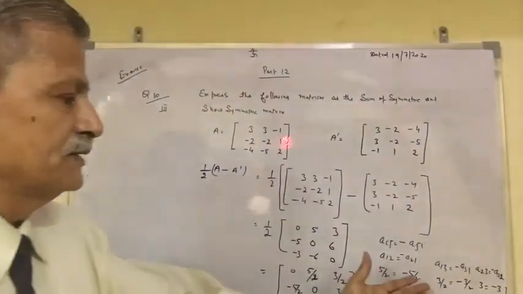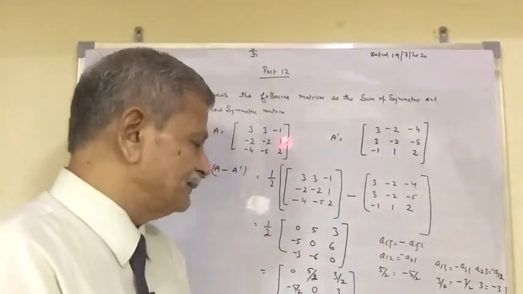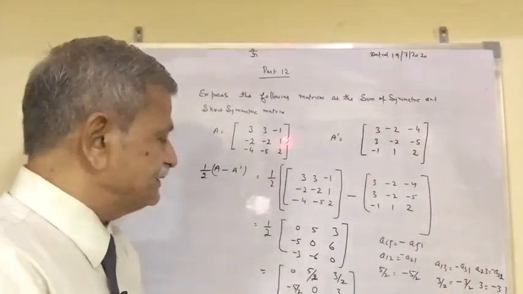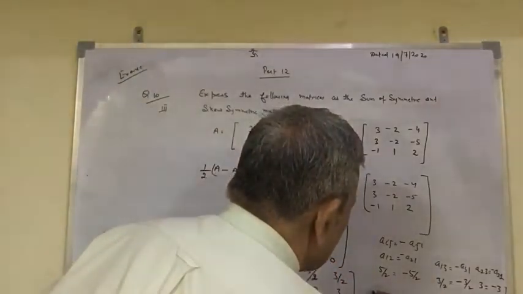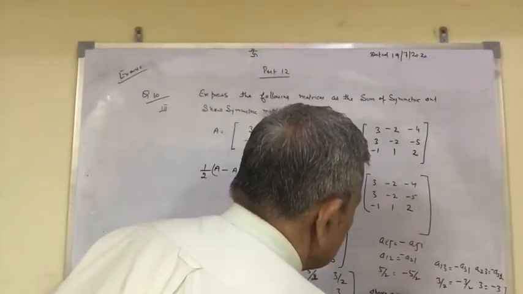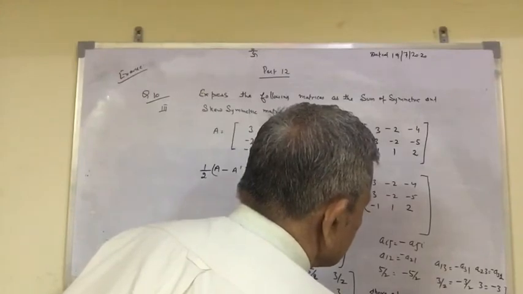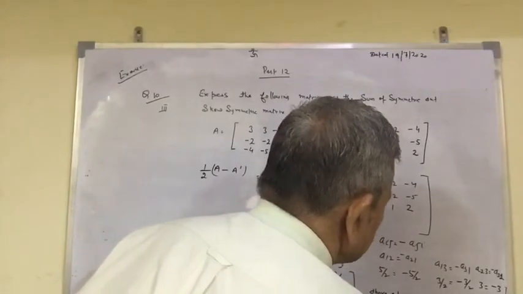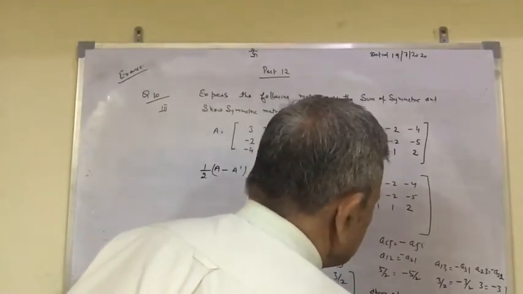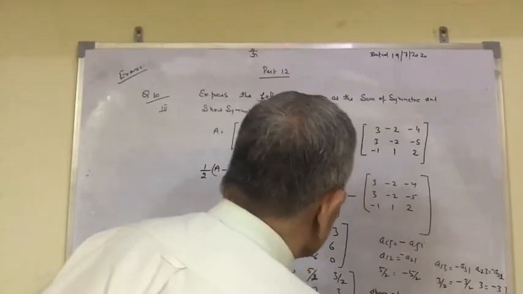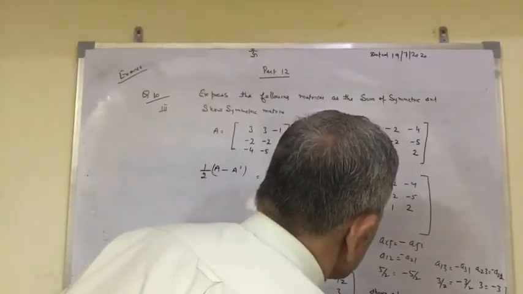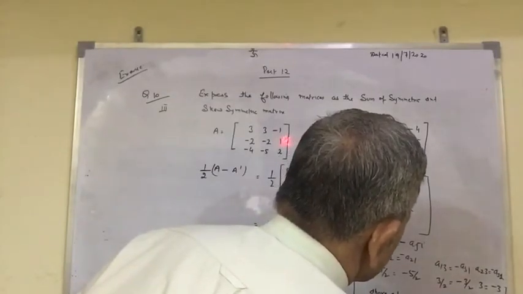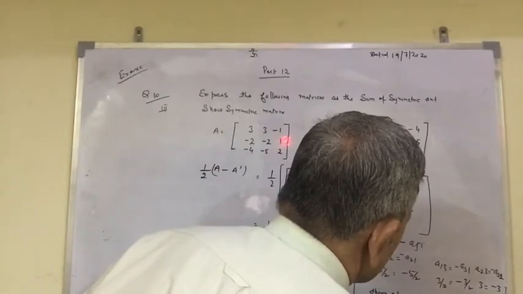Now, by this, after checking all these elements, we can say Aij is equal to minus of Aji, which means that above elements as per definition implies it is a skew symmetric matrix.